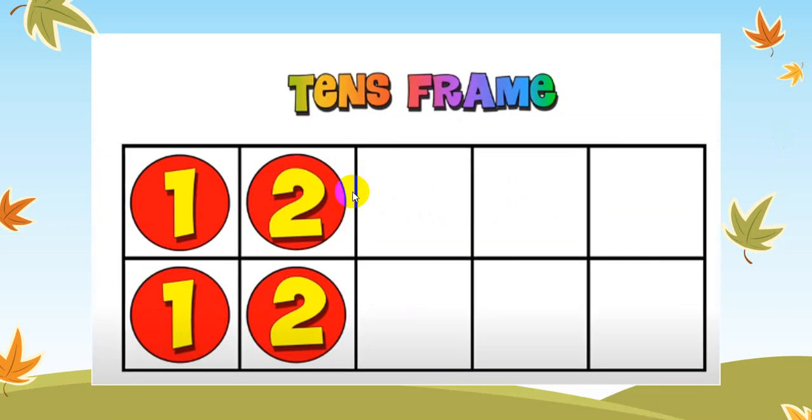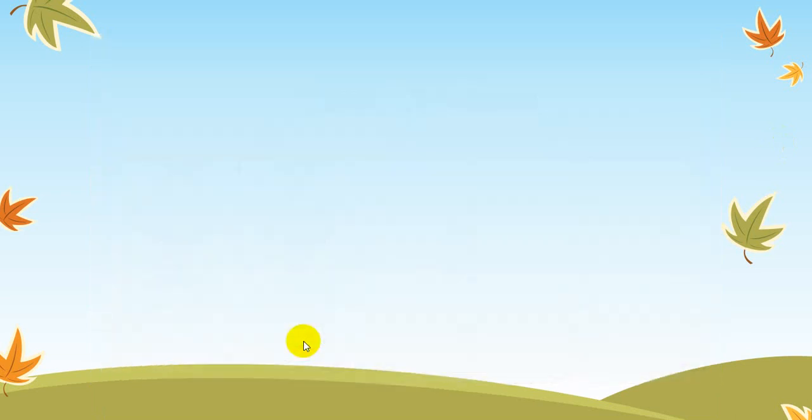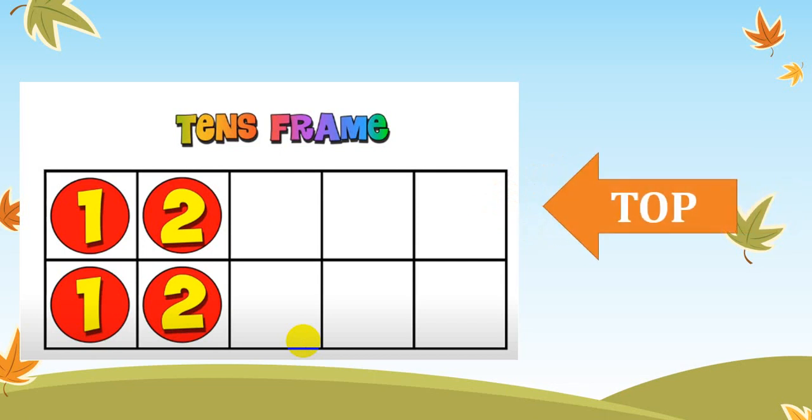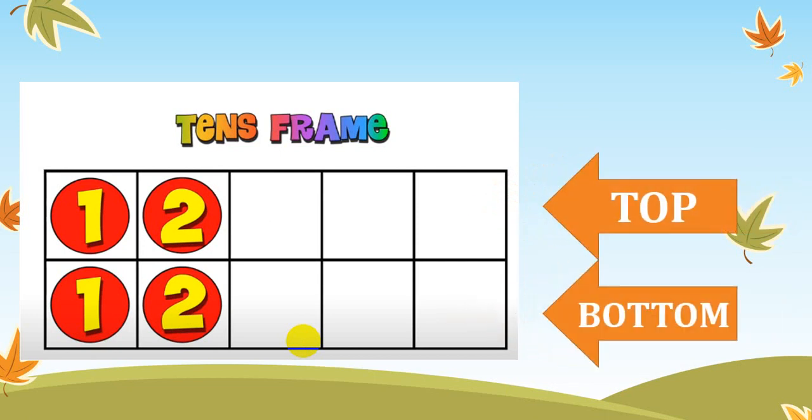So here the top and the bottom are both the same amount. So double of 2 will be 1, 2, 3, 4.